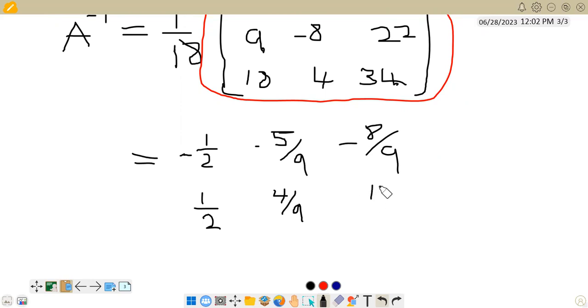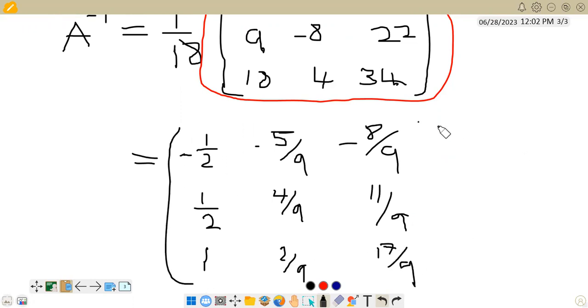Then it will be 11/9. Then at the end 1/18 times 18 is positive 1. Then 1/18 times 4 will be 2/9. Then 1/18 times 34 will be 17 over 9.